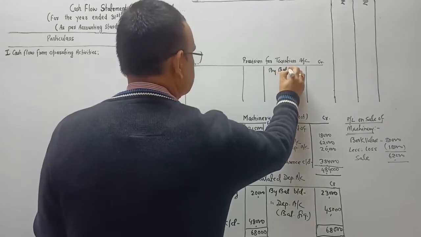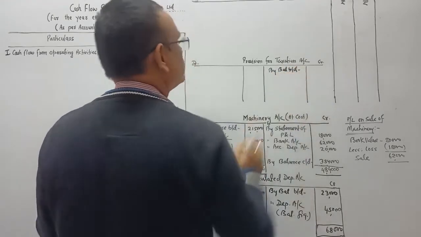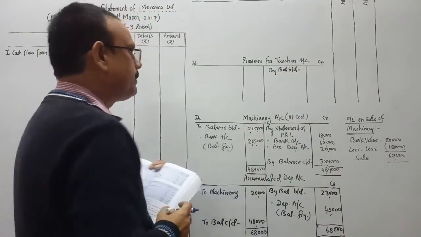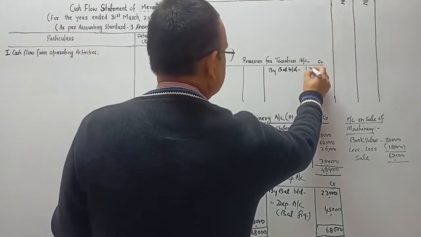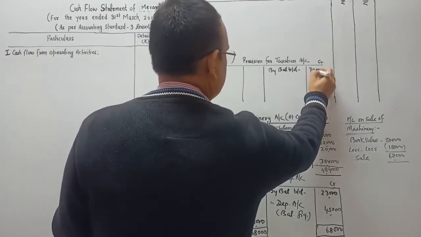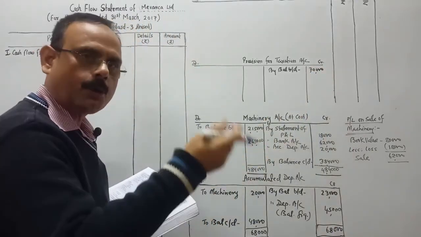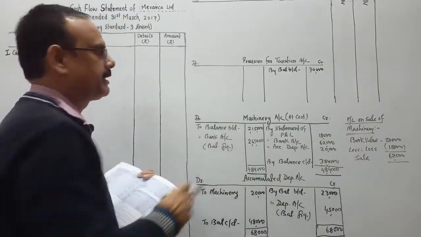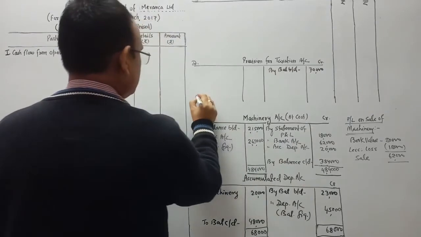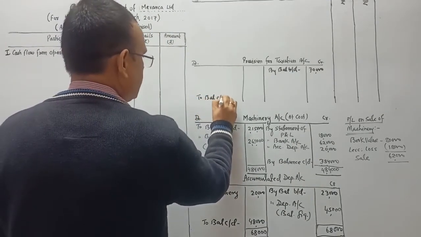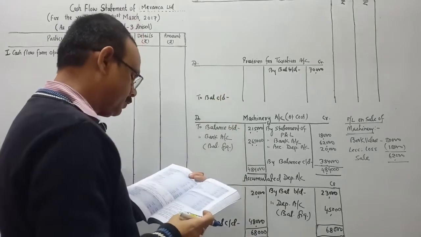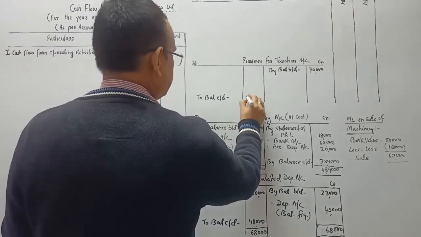Provision for tax is a liability, and all liabilities have a credit balance. So last year's closing balance is the opening balance for the current financial year. This year's balance you write on the other side as balance carried down. Note number 3, it is 68,000.